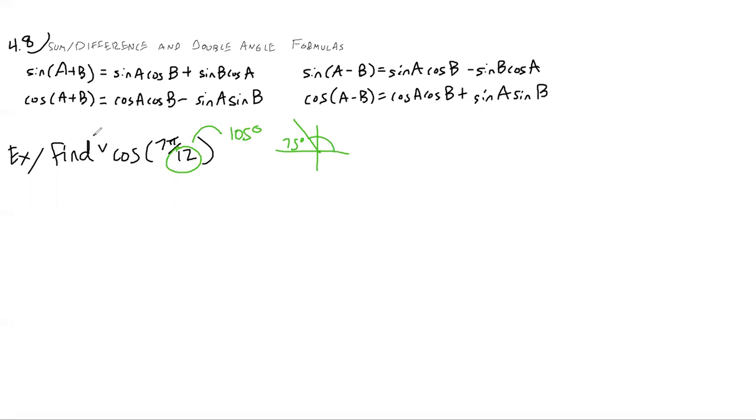So I'm going to add a little exact value here, just to say I don't want a decimal. I don't want you to plug it in your calculator and spit out a decimal. I want that algebraic exact answer. So what we need to do is find a way to express 105 degrees as a sum of angles that we can actually figure out.